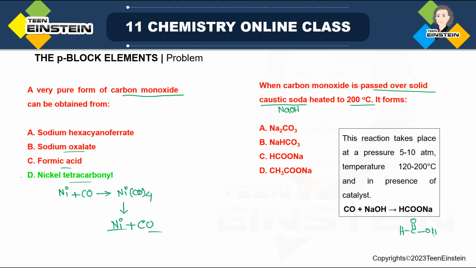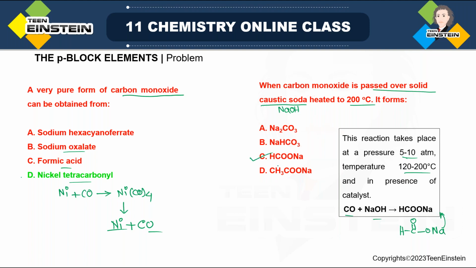Now in this formic acid, if you simply remove this H and write Na, then this is actually this one. So this is a reaction between these two compounds, CO and NaOH, at 5 to 10 atmosphere, 120 to 200 degrees centigrade, and there is the presence of a catalyst also. So we are getting this one, that is option C.